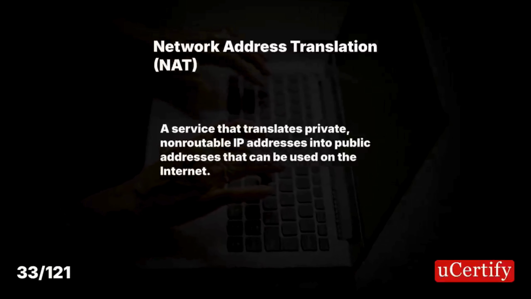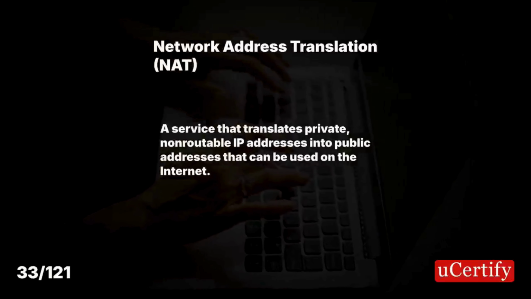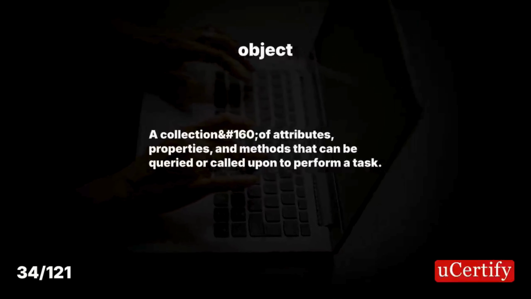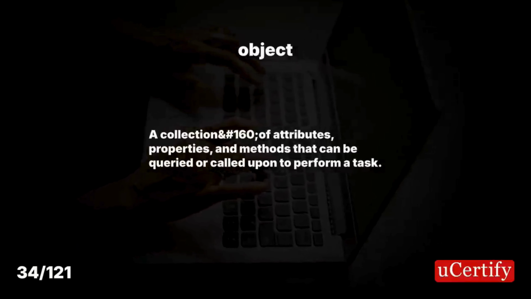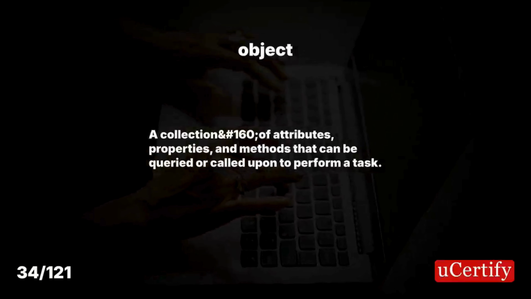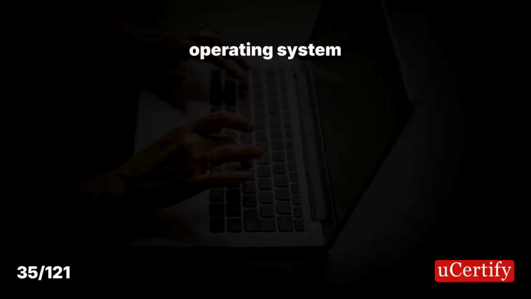Definition: a service that translates private, non-routable IP addresses into public addresses that can be used on the internet. Term: object. Definition: a collection of attributes, properties, and methods that can be queried or called upon to perform a task. Term: operating system.